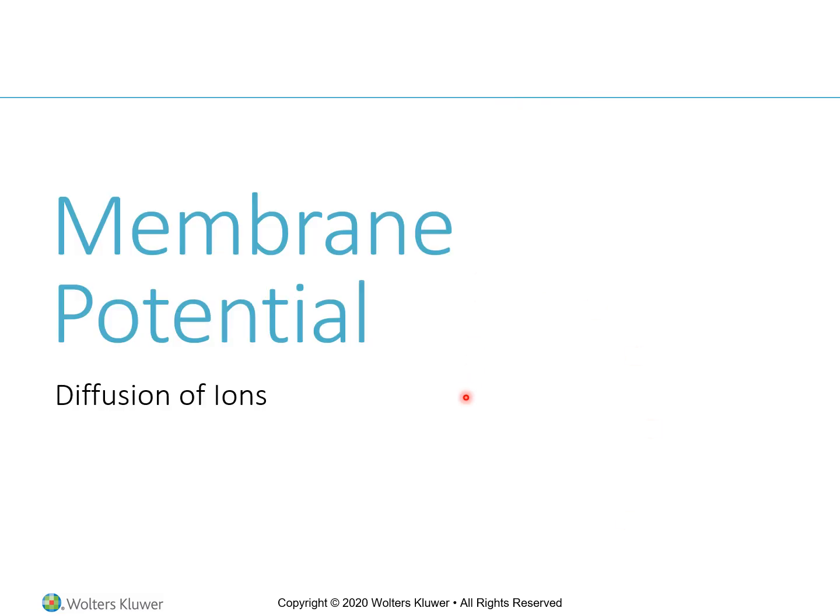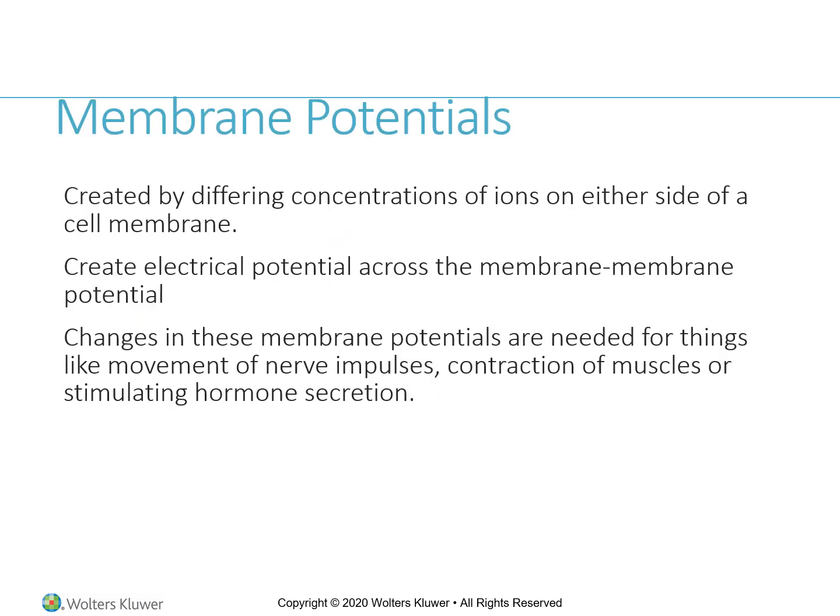All right, so the next piece here is going to be membrane potential, and this is directly tied to that active transport piece we just talked about. So membrane potentials are created by maintaining these differing concentrations of ions on either side of that cell membrane. This creates an electrical potential across the membrane. We also call this membrane potentials.